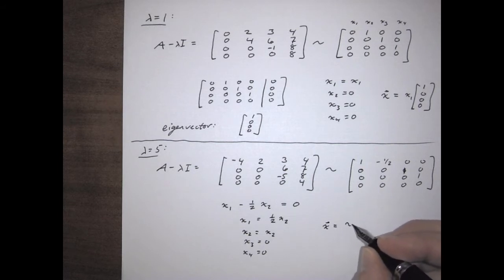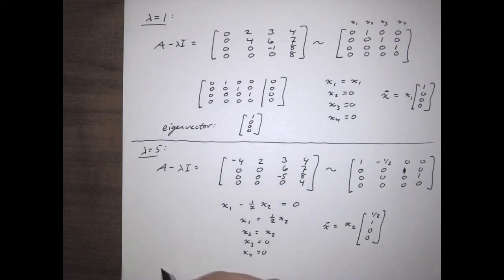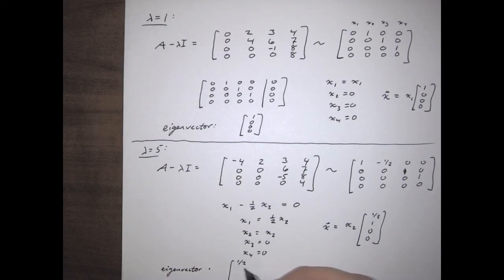So x then will be, x2 is the free variable, so that's what's going to be pulled out, and it's going to be a 1/2, a 1, a 0, and a 0. And so that gives us our eigenvector. One half, 1, 0, 0.